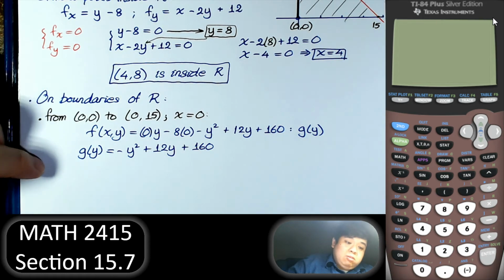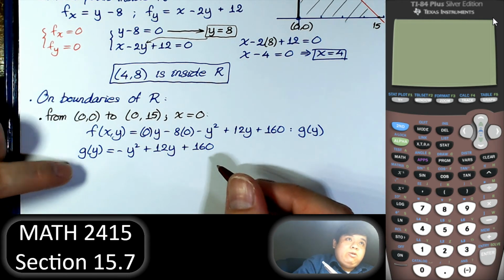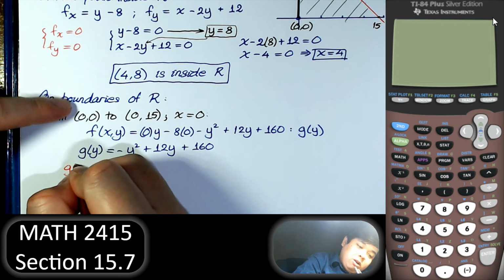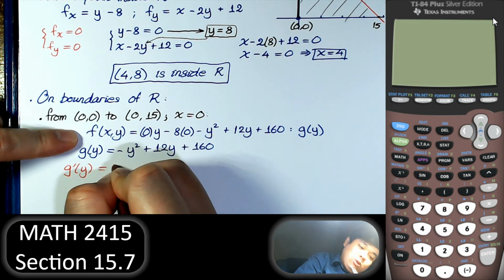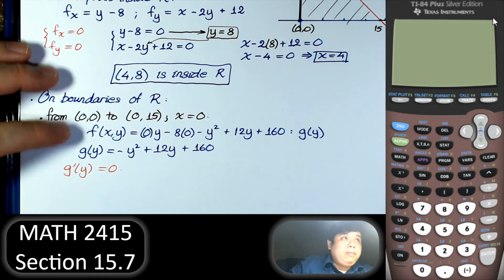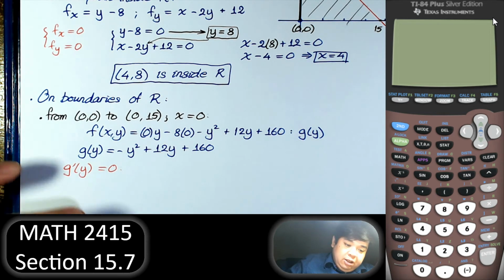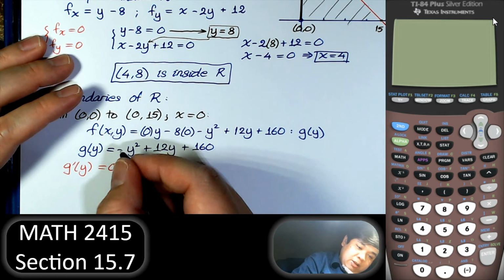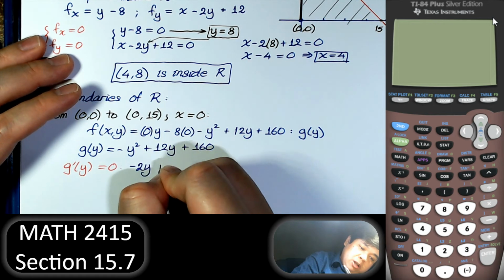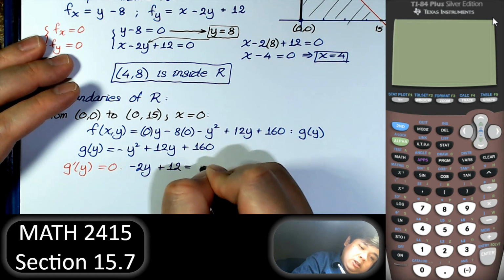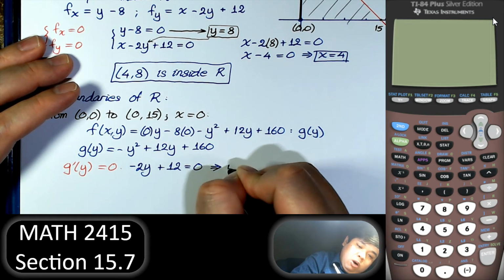If I want to solve for a critical point of a function of one variable, this is a Calculus 1 problem. Take the derivative equal to 0. The derivative of this is negative 2y plus 12 equal to 0. So y equal to 6.